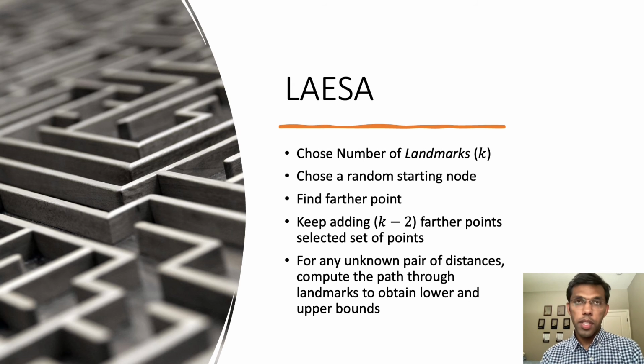This algorithm calculates the upper and lower bounds using landmarks, let's say k of them. You start with a random point, then find a node which is farthest from this, then find a node which is farthest from both, and then you select k of them. Then for any pair of unknown edges, you calculate the distances through these landmarks to get the upper and lower bounds. TLESA is basically an extension of this with a tree.